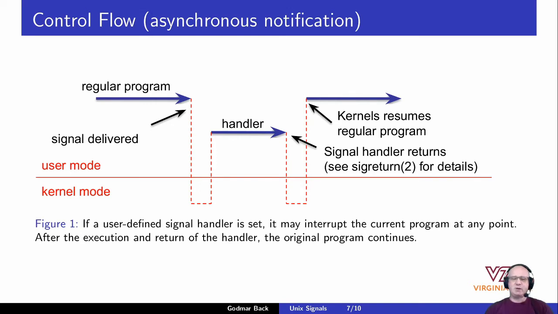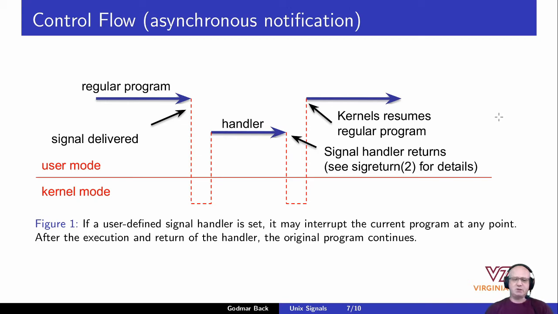The second issue is more subtle, and it is related to the asynchronous control flow caused by having signal handling in your program. This has to do with when you need to write a signal handler, some code that is executed when the signal is delivered to you, and specifically when that happens asynchronously.